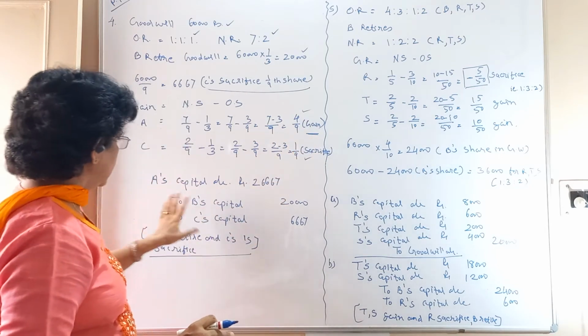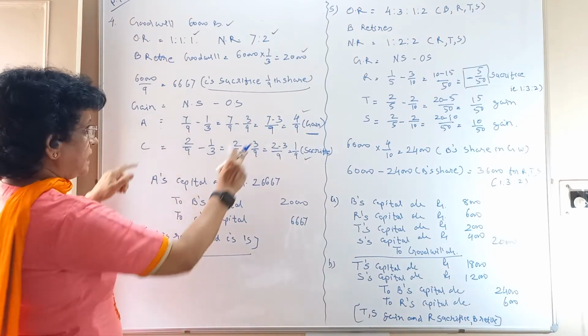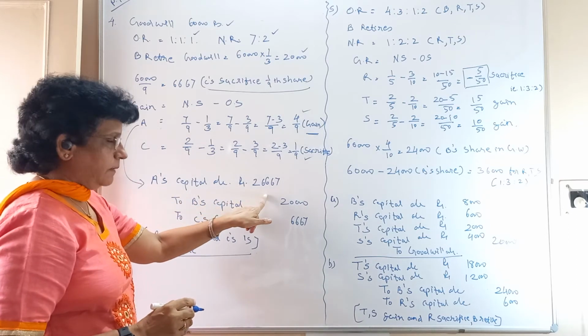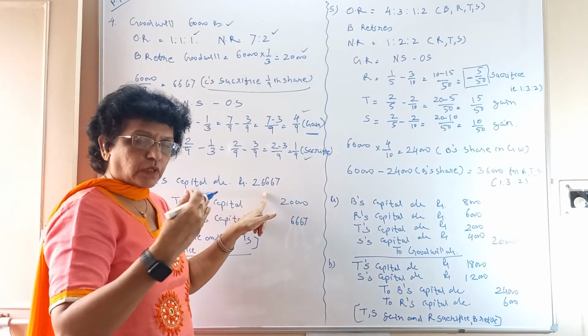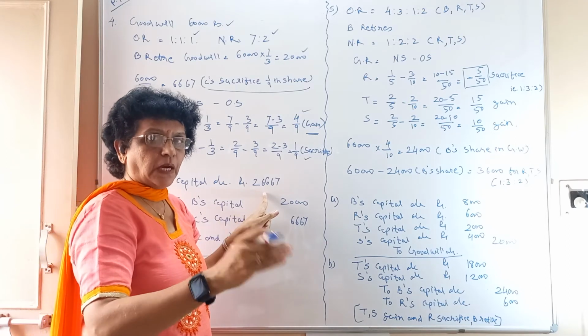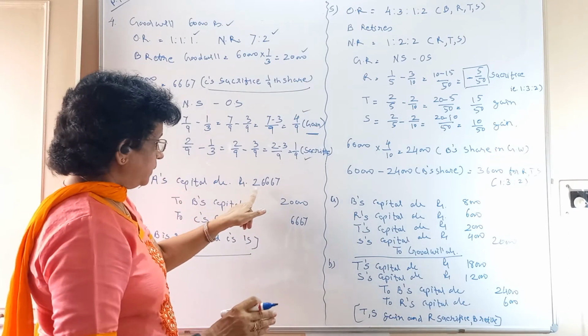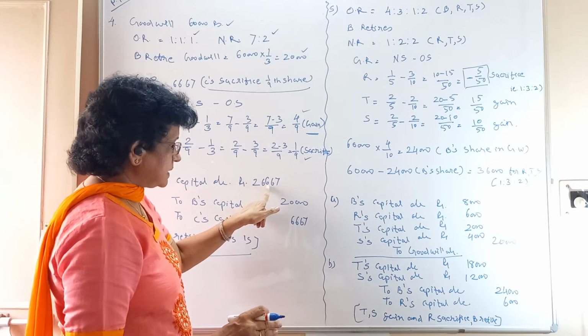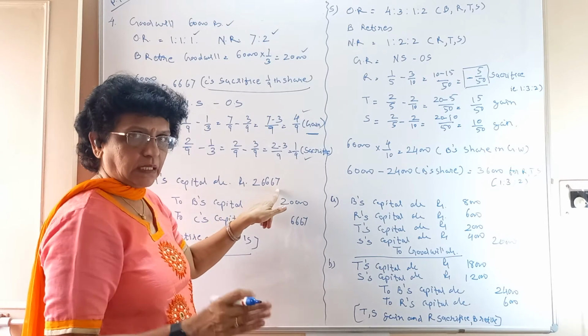So your journal entry is going to be, A is the only partner gaining. So A's capital account debit with both figures, the partner who retired plus the partner who is sacrificing, 26,667. It is 26,666.6, so make it 7.